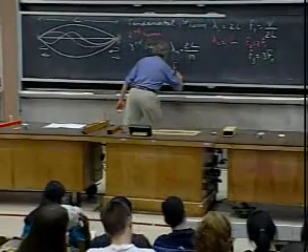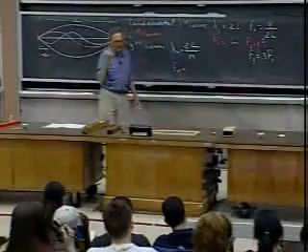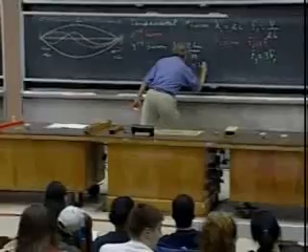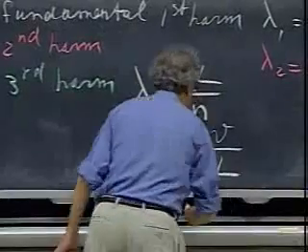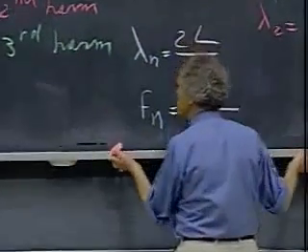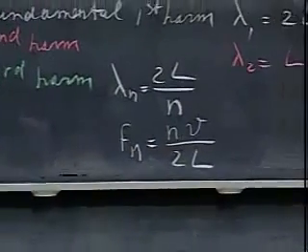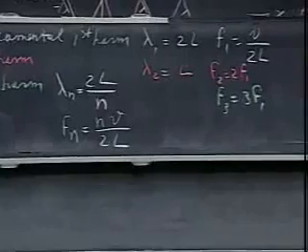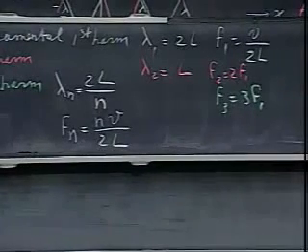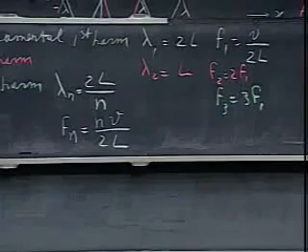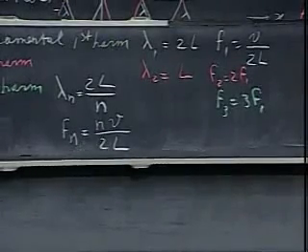And the frequency for the nth harmonic, n stands for Nancy, is n times v divided by 2L. So here you see the entire series of frequencies and wavelengths for which we have resonance. Unlike in our LRC system that we discussed last time, where you had one resonance frequency, now you have an infinite number of resonance frequencies. And they are at very discrete values, equally spaced.